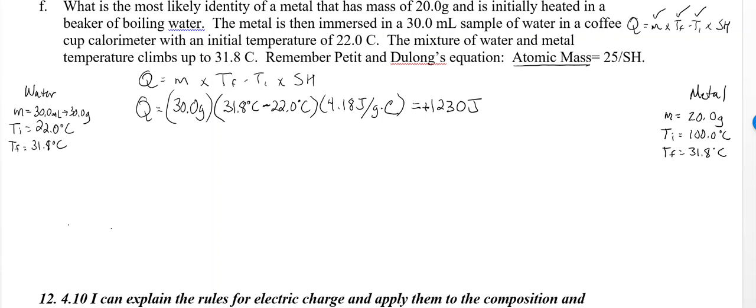Now, remember the blind person. Can't see directly, can see indirectly. If we know that the water absorbs a positive 1,230 joules, how much energy must the metal have given off?